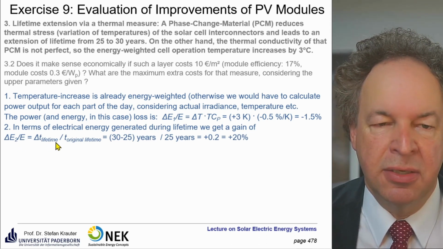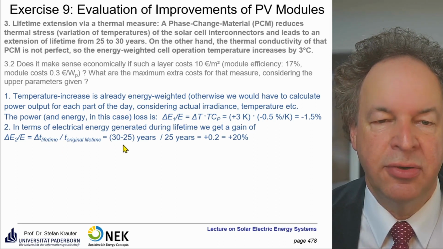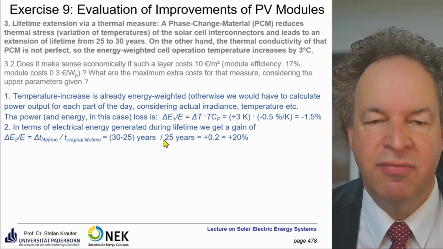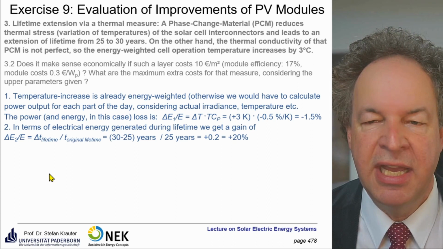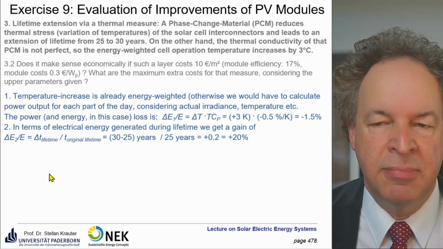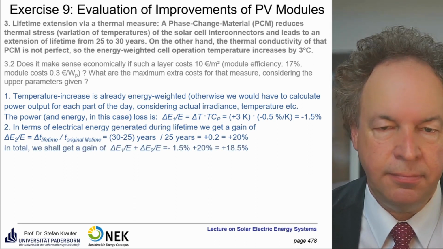That's the duration of the lifetime. So new lifetime 30 years, and we got an increase of 5 years divided by 25 years, so we got a gain of 20% in lifetime, and accordingly in energy being generated during lifetime.